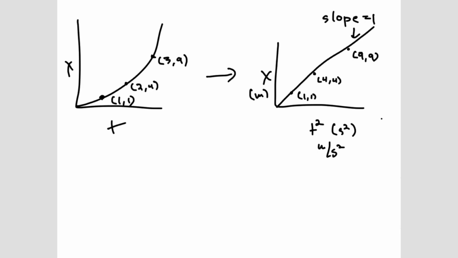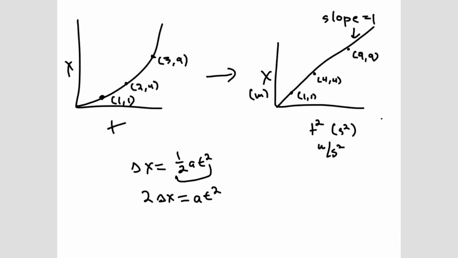This isn't quite the case, though, because if we look at our UAM2 equation, we have change in x is equal to 1/2 a t squared. I'm going to ignore the v naught t term for this. This 1/2 a t squared term is the important part of this. If I happen to multiply both sides by 2, I get 2 times change in x is equal to a t squared.